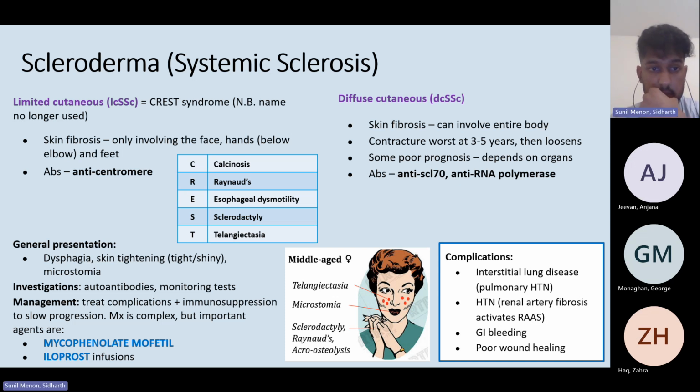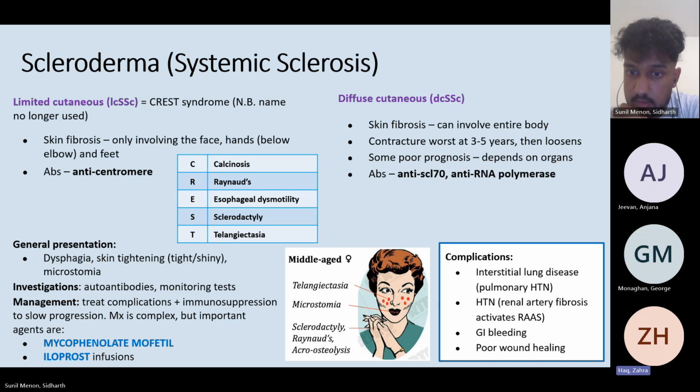Yeah, I mean, Zahra covered most of this. So scleroderma complications. I think she mentioned most of it.